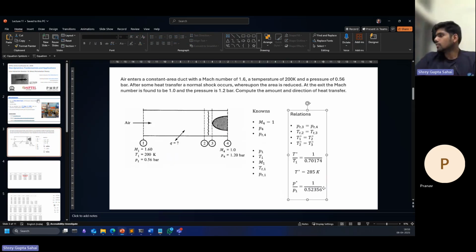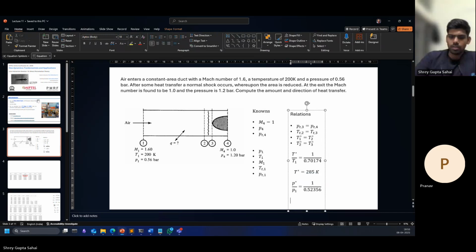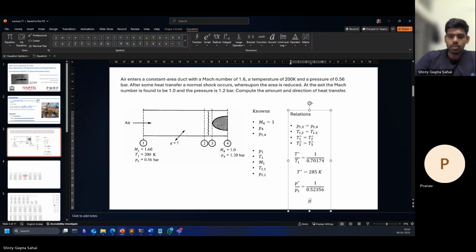Let me calculate that value for us. P star is 0.69.